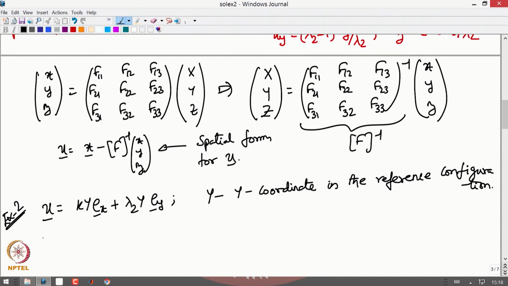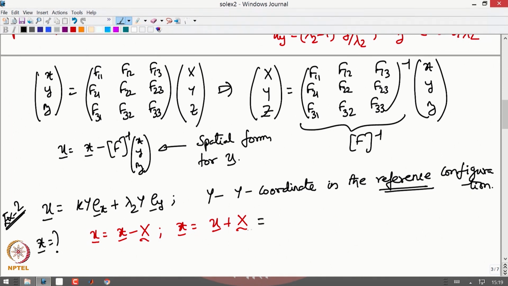Now, I want to find what is small x. From the relationship between the displacement and small x, you know that displacement is small x minus capital X, therefore, small x would be u plus capital X, right. Now, u is represented in the material form because it is in terms of the reference configuration coordinates.